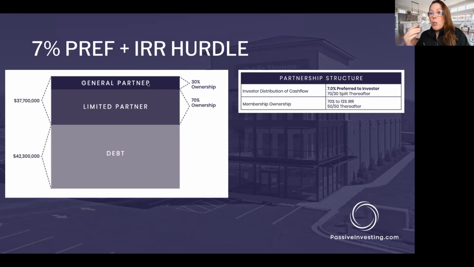But the names of the class are going to change based on how many tranches are in the deal, how many levels of capital. So just because I called this Class A and that Class B or Class C means nothing, because in another deal, the lettering might be different. That's where it's really important to understand in the PPM what that defined class is and which class you are in.